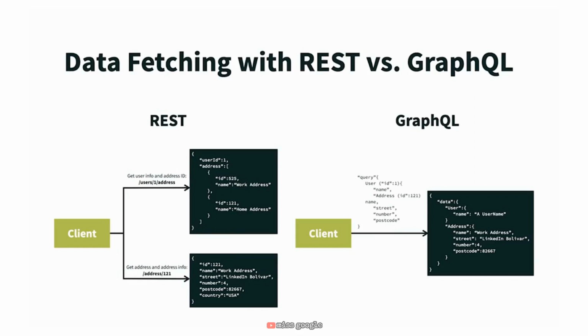Then another request to the address endpoint to retrieve information related to the address. However, in GraphQL, you can do this in one query. You specify the user ID and the address field, as well as the information you want to pull from the address, and you get the information you want in the shape you described.